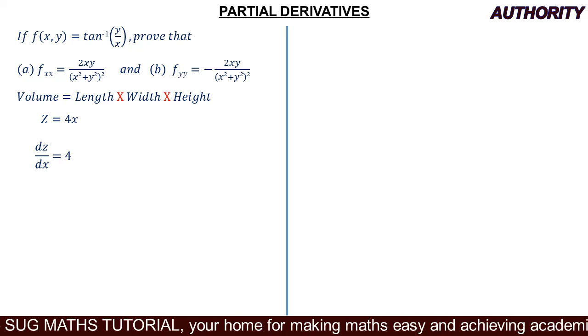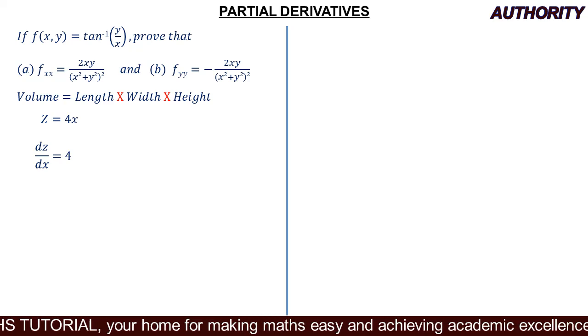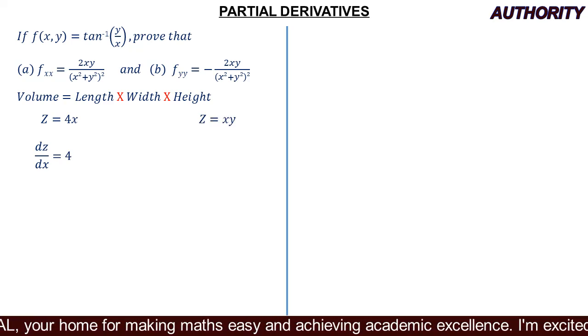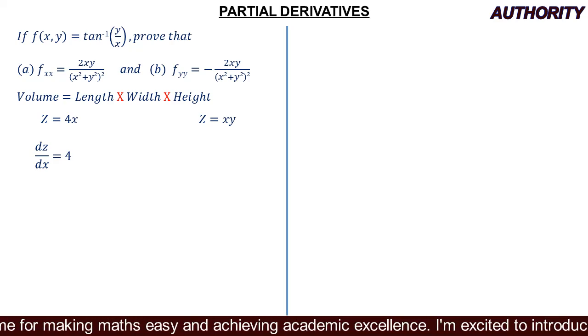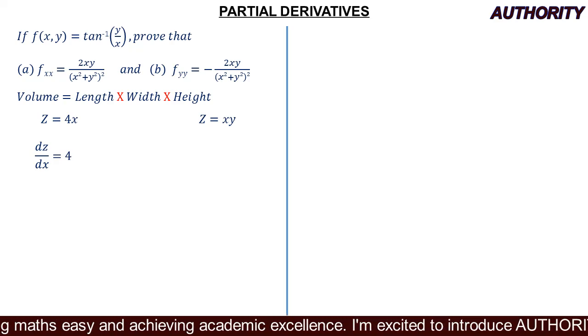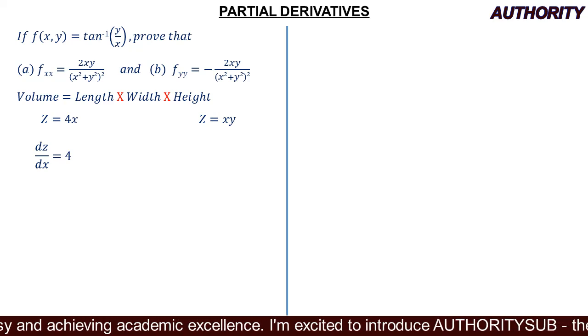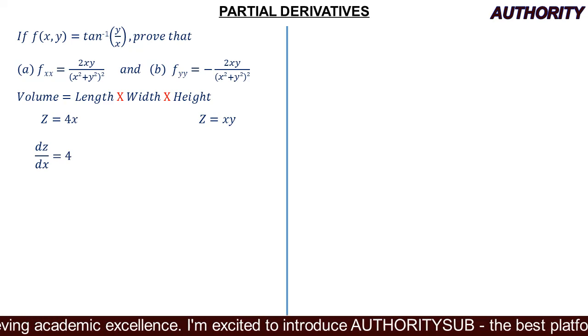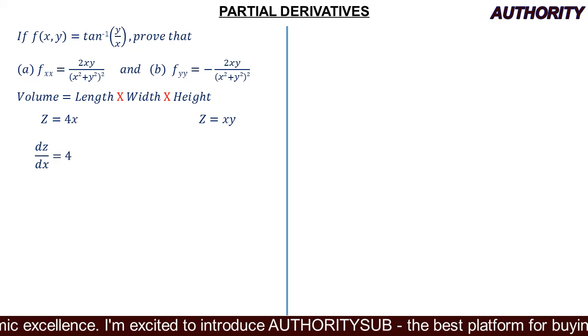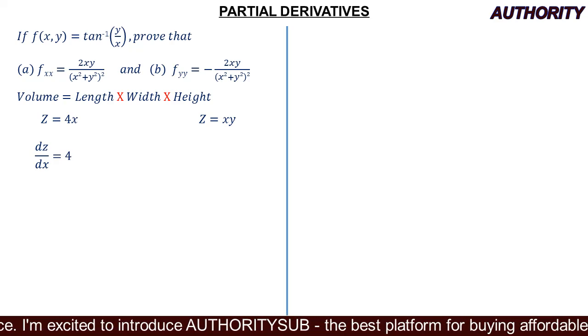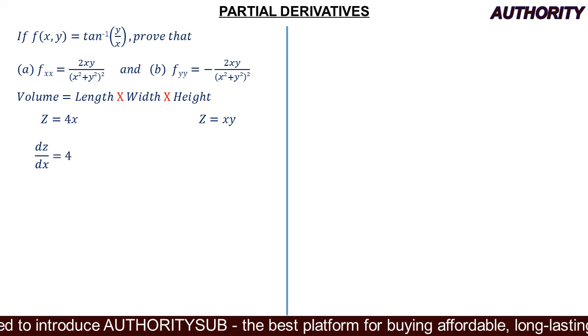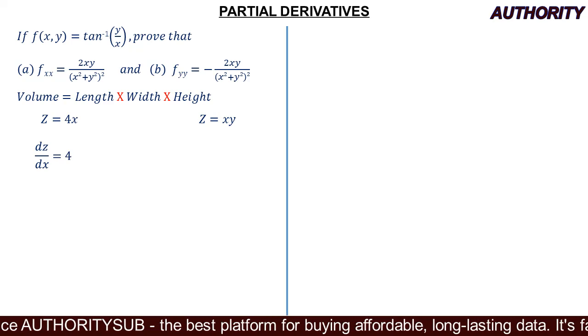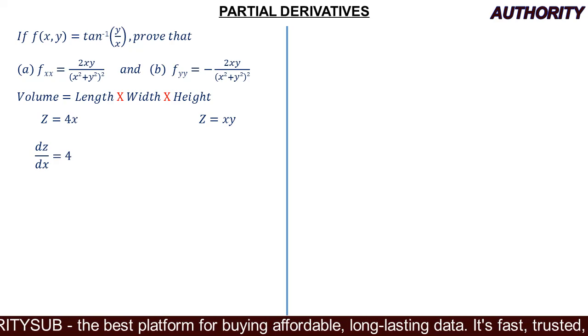Yes. Now let's see another instance where we have z is equal to xy, and we are asked to find the partial derivative of this z with respect to x. So at this point, the variable that is changing is x. So that is to say the other variable remains the same.